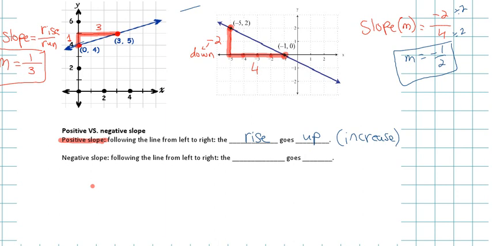If the slope is negative, following the line from left to right, the rise is going down. So it's decreasing. If the line is increasing, the slope is positive. If the line is decreasing, the slope is negative.